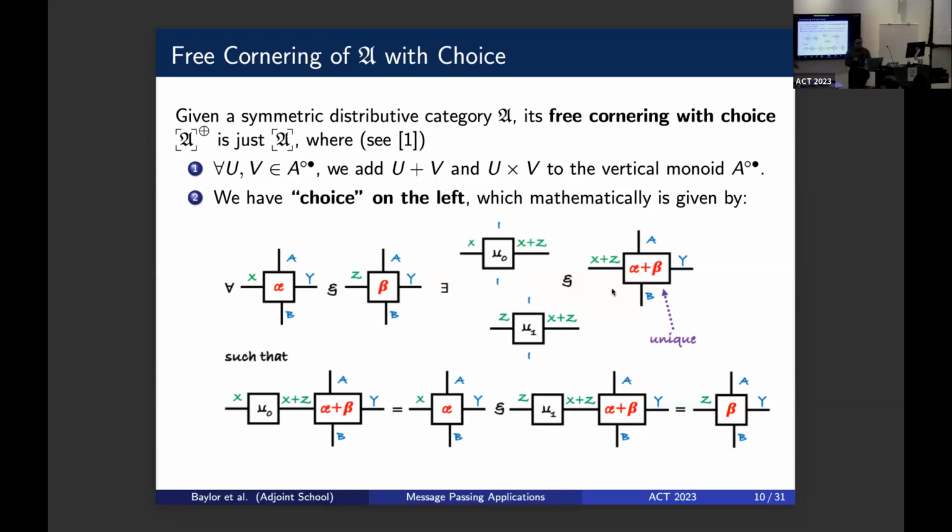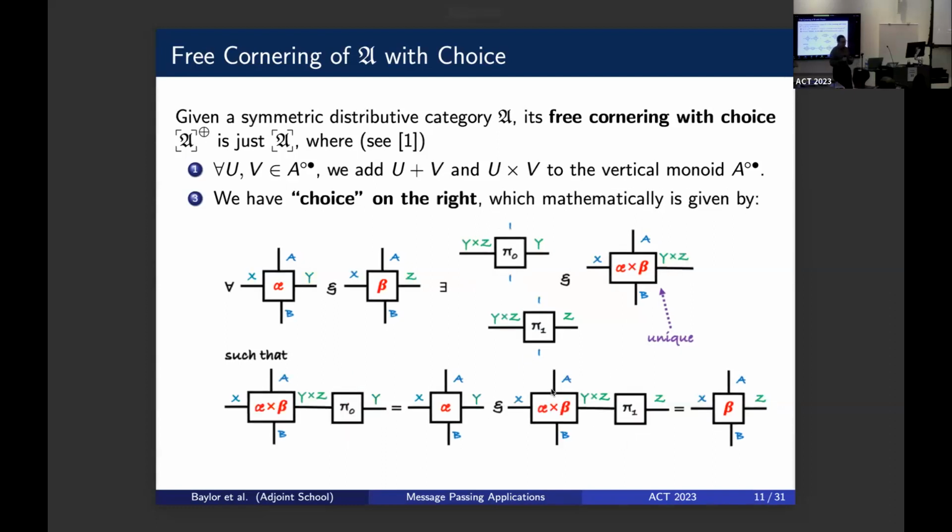And a unique cell, alpha plus beta, such that when we apply these injection-like cells to this unique composite cell, we actually recover alpha and beta. So we basically have this ability to choose which morphism we want. And then we just have a few more of these properties, but they're just for the different sides.